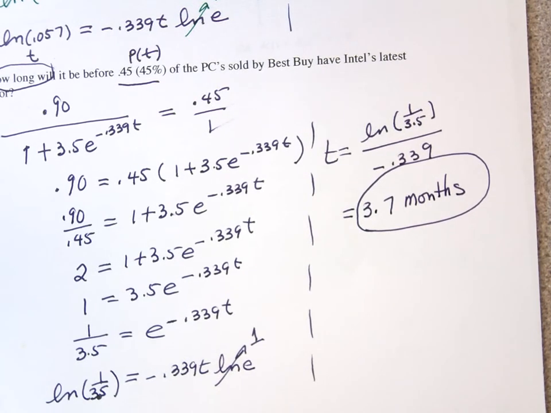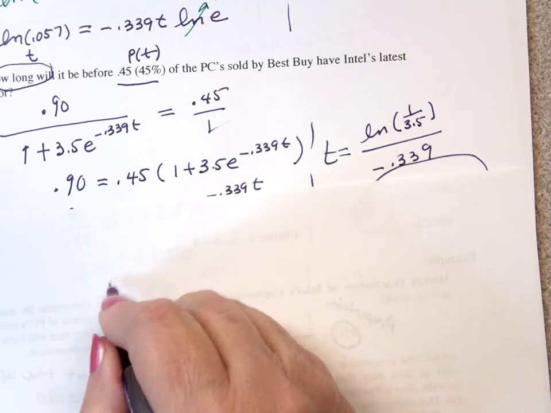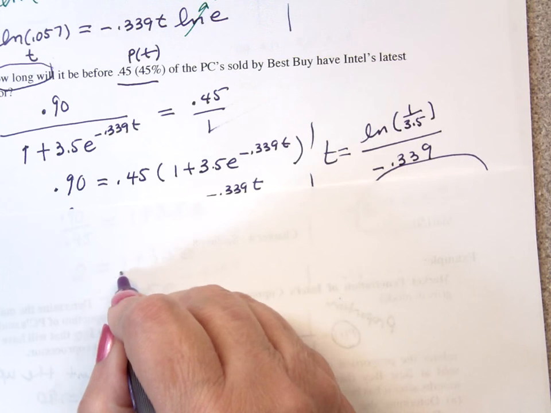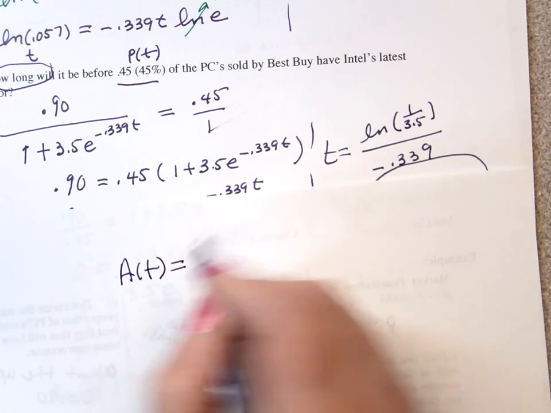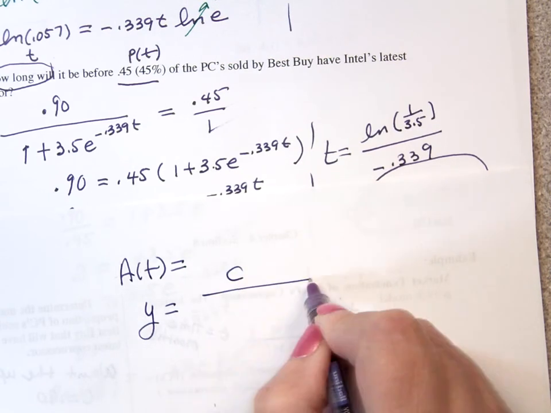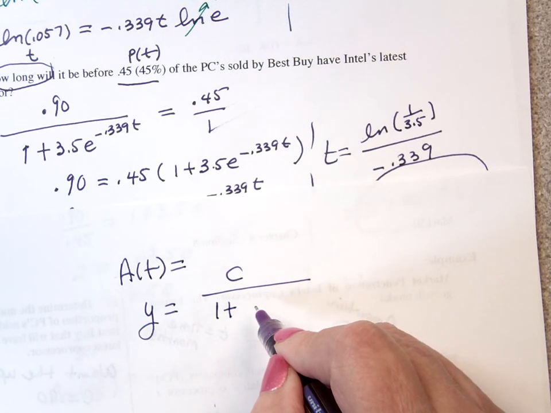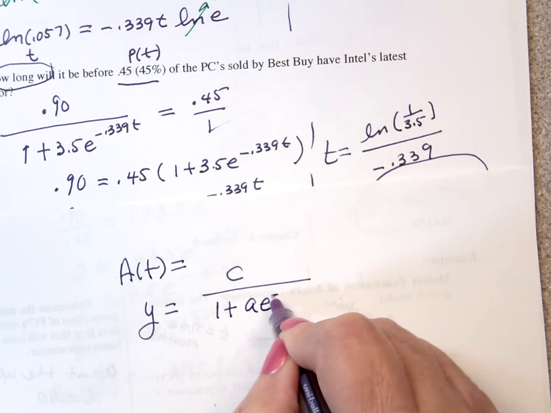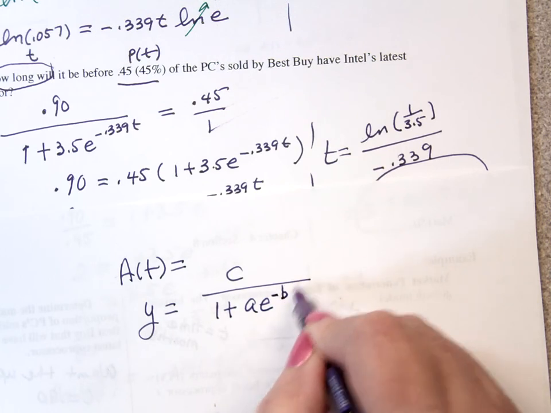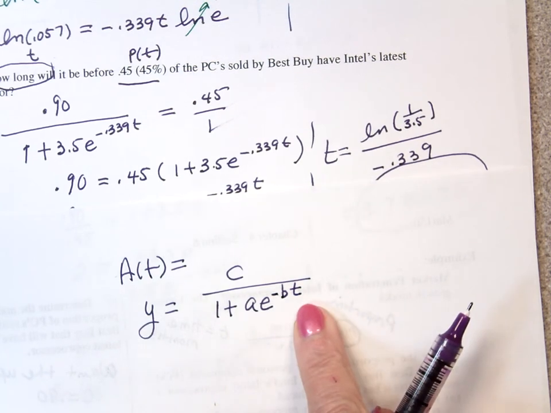If I had to do a lot of these, I would take the original formula, or actually I would even do it with a y, because y equals c over 1 plus a e to the negative b times t, and solve it for t. Because the drill would be the same, right?